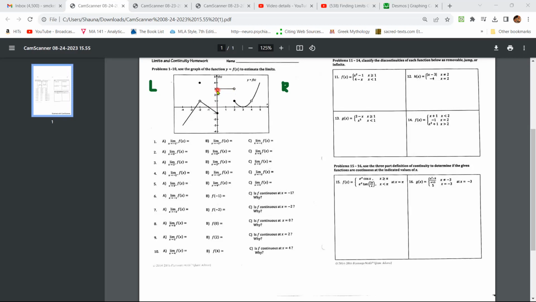Even though it has a hole there, it doesn't have to be defined for the limit to exist. So it doesn't have to be defined as this. It's actually defined as -1, but the limit here is not that. The limit here is 3, isn't it?